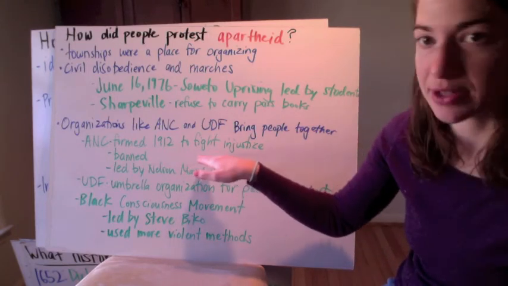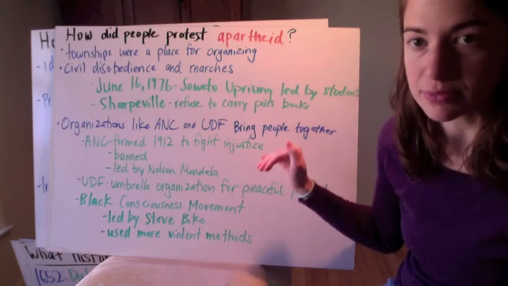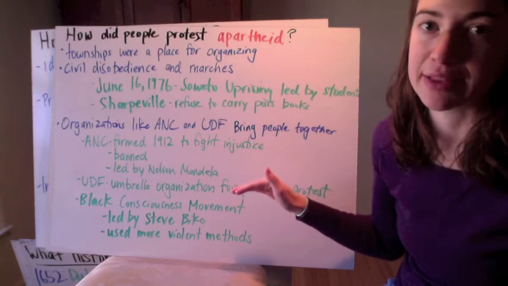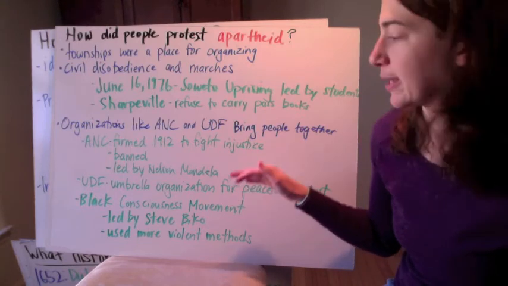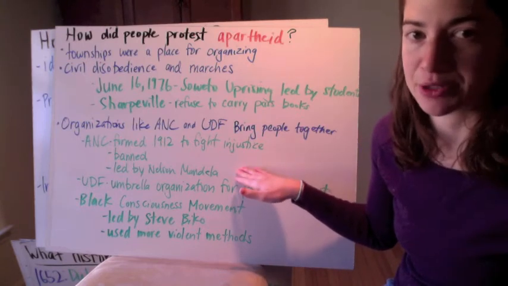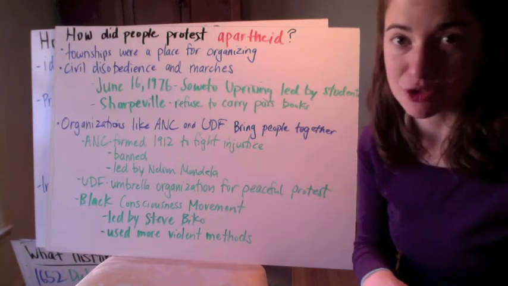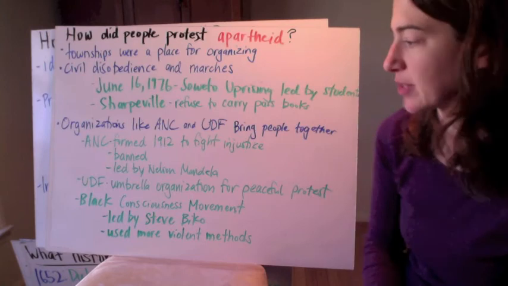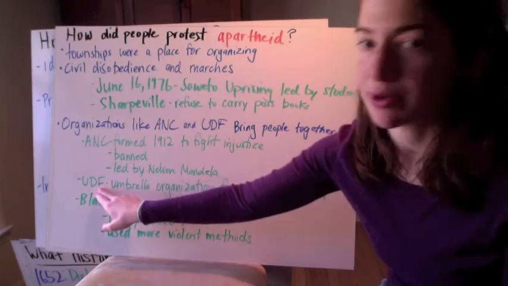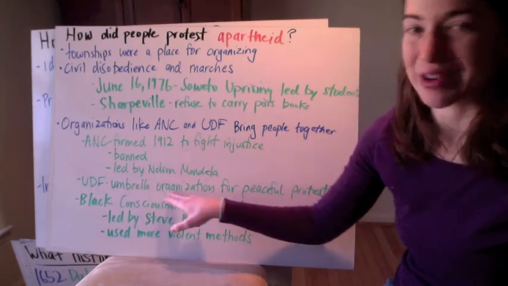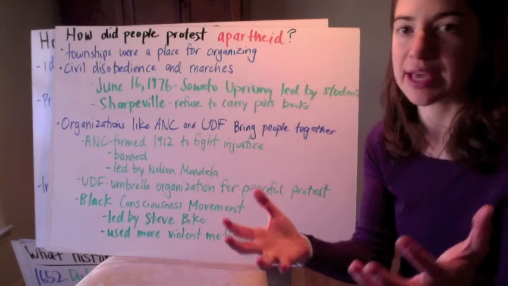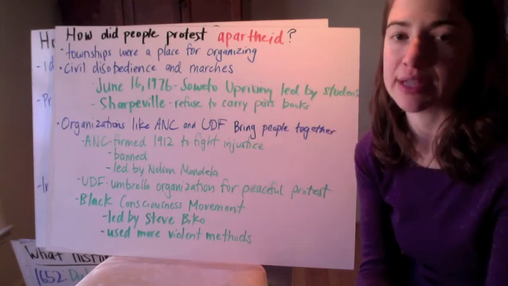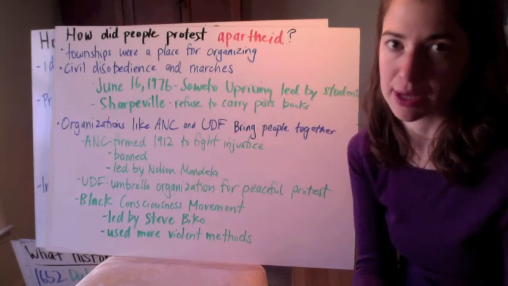The ANC actually started peaceful, but moved to a more violent approach to taking down apartheid. They even sent people outside the country to train and then come back in to literally fight apartheid. The United Democratic Front was an umbrella organization, meaning a lot of different organizations came under them, and they were dedicated to peaceful protest.